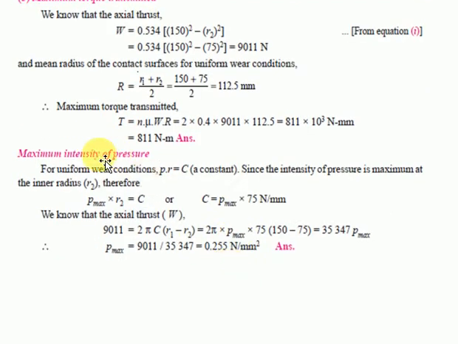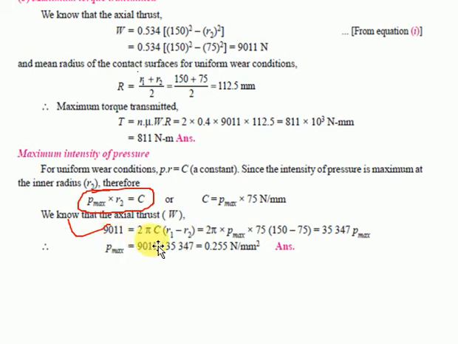Now the maximum intensity of pressure. For the uniform wear theory, we know that P into R is equal to a constant. So here we consider R2 as R, and C is equal to P maximum into 75. Here the axial thrust W, this equation is also in the theory portion, 2 pi C bracket R1 minus R2.